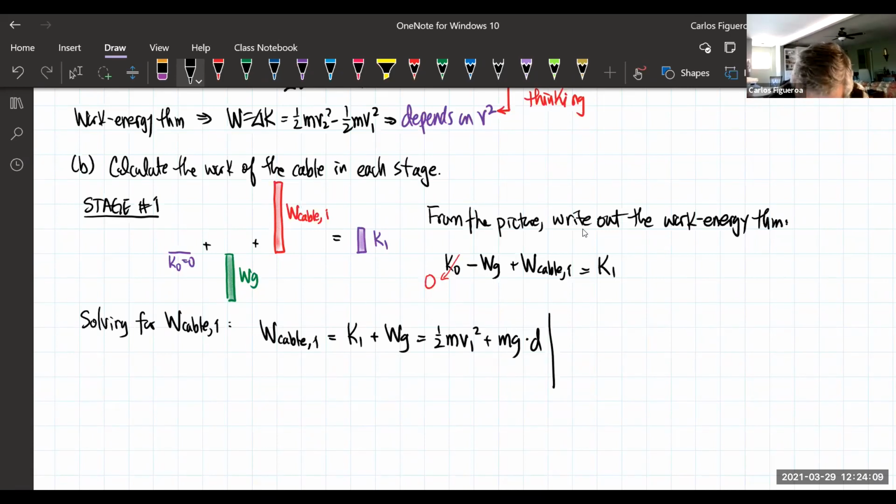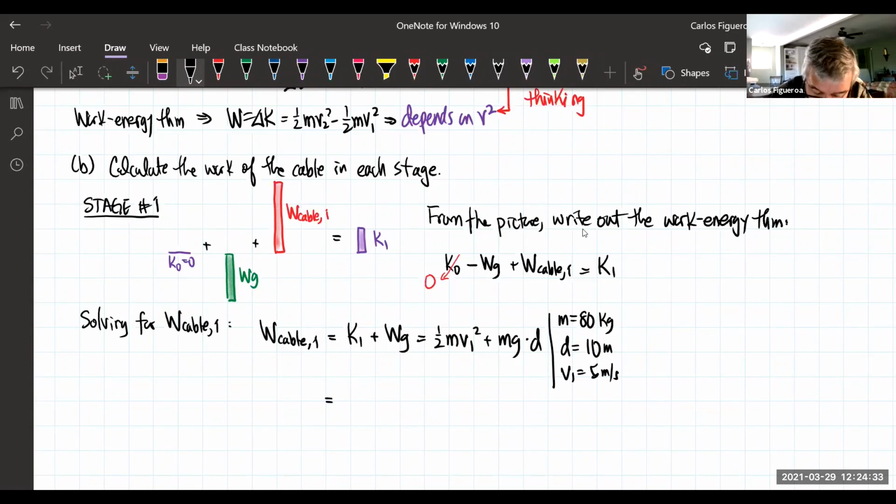If I look at what it says, the mass is 80 kilograms. The height of each stage is 10 meters, and the velocity at the end of stage 1 is 5 meters per second. So then I just got to put that in.